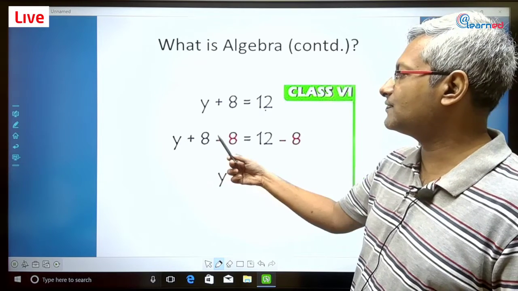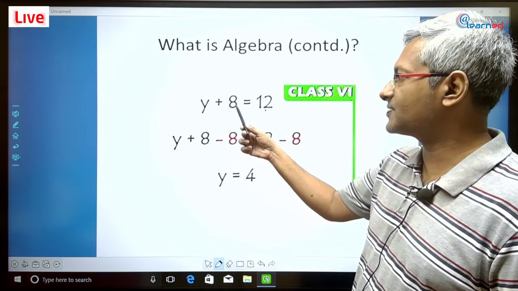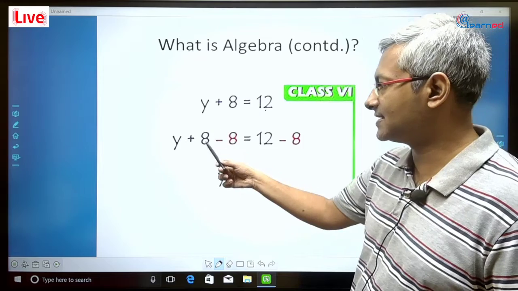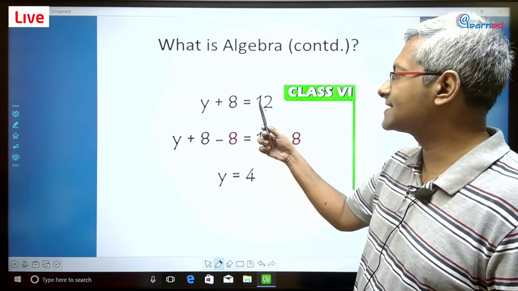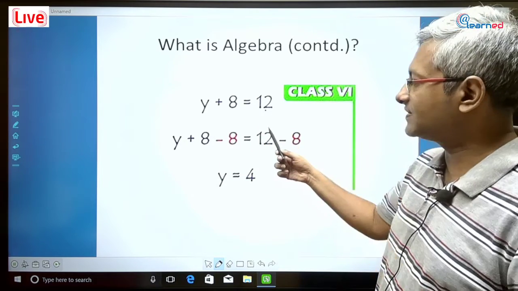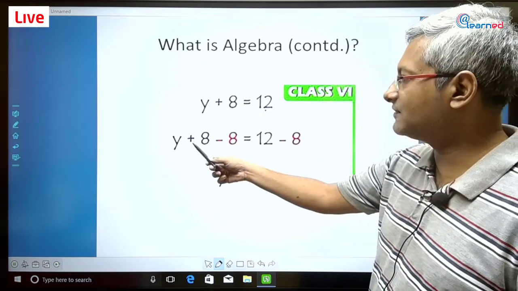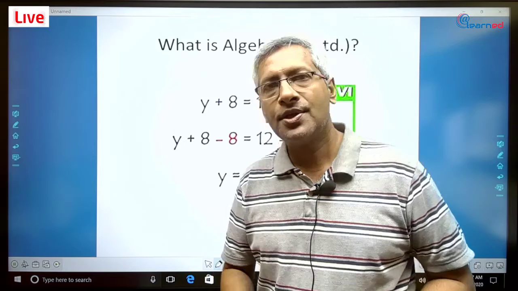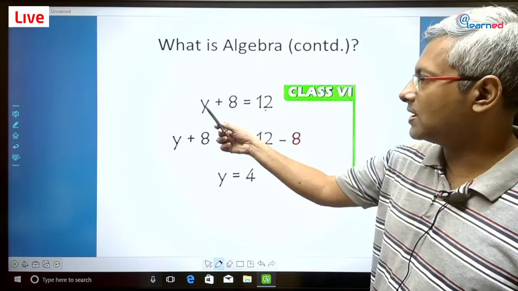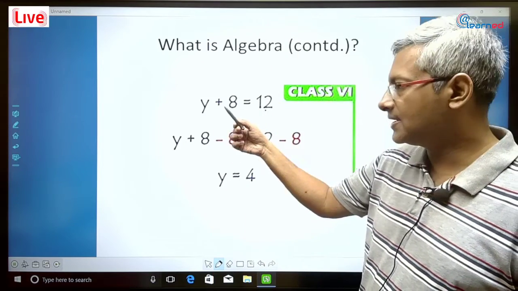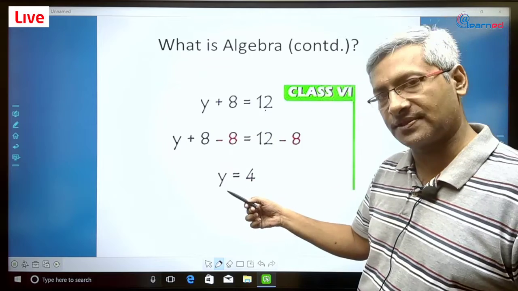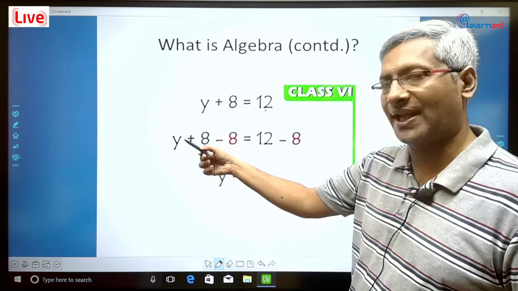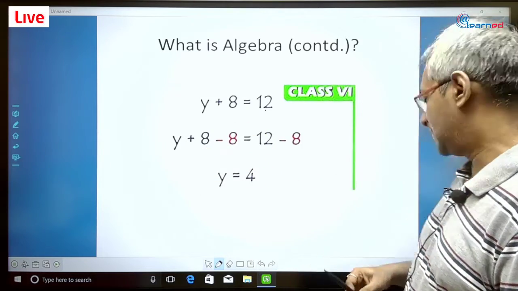We are trying to find out the value of y. So we are subtracting 8 from here so that this value becomes 0. Similarly, on the left hand side, this 8 was the cost of an eraser, right? So this is how algebraic equations are written, and this is how you will solve it to find out the value of the variable y. We'll continue.